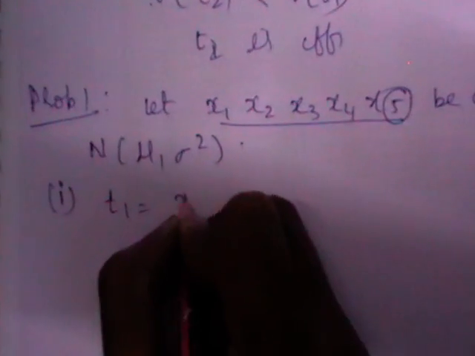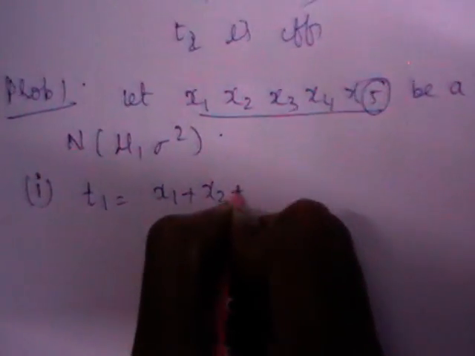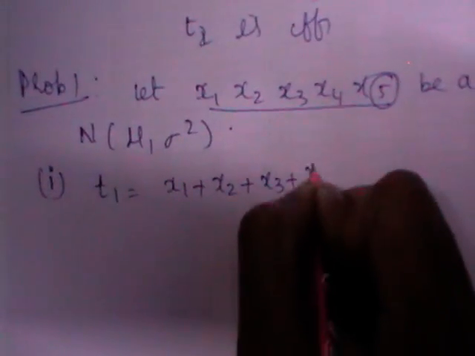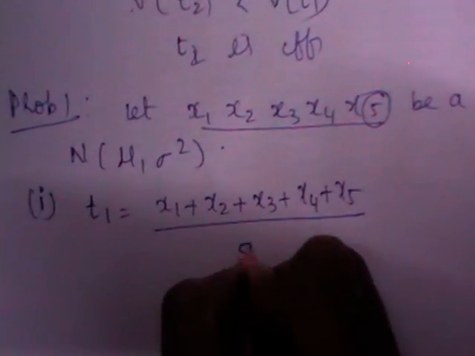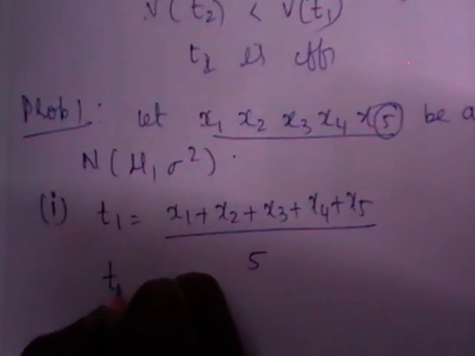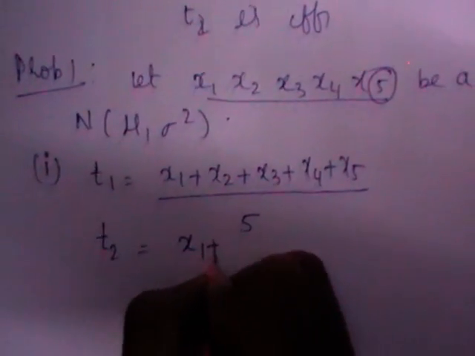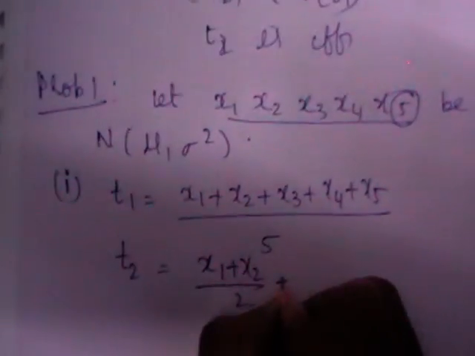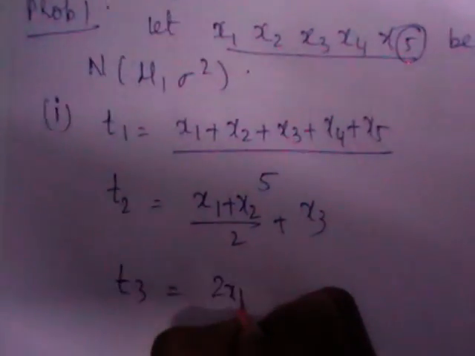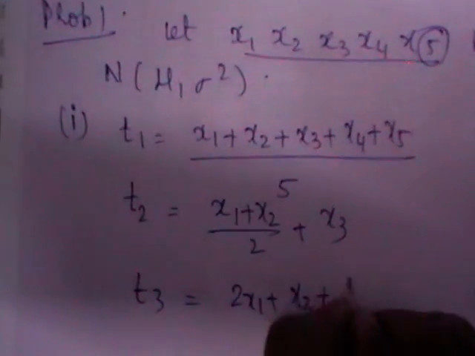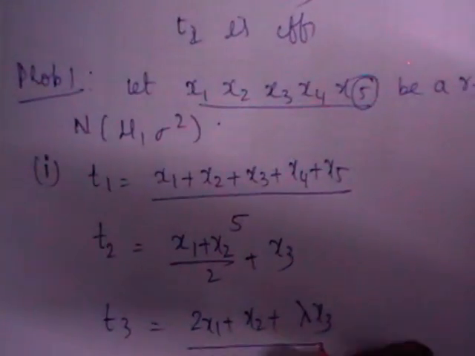T1 is equal to (x1 plus x2 plus x3 plus x4 plus x5) by 5. T2 is equal to (x1 plus x2) by 2 plus x3. T3 is equal to (2x1 plus x2 plus lambda x3) by 3.